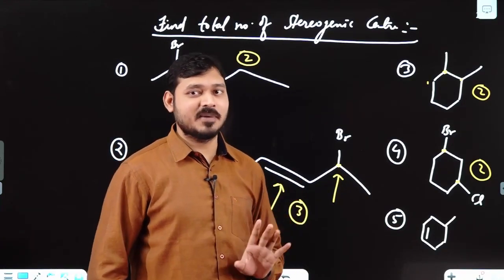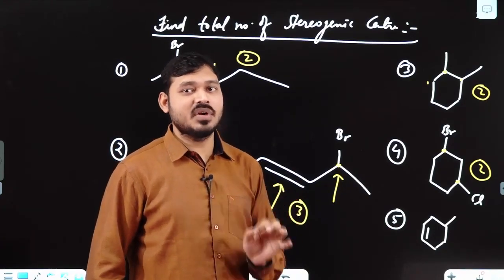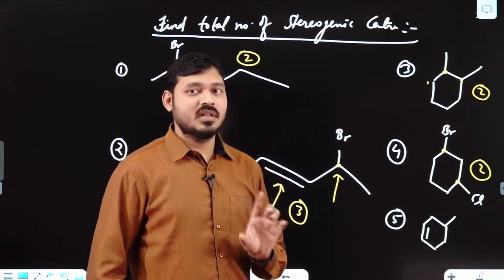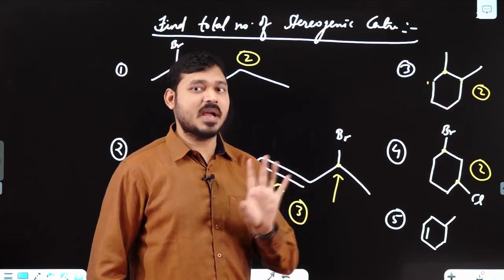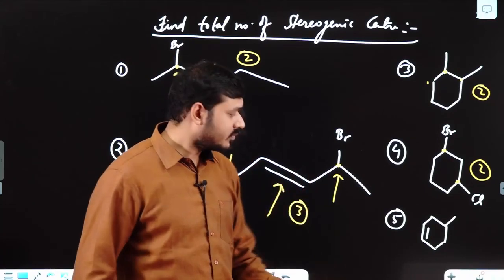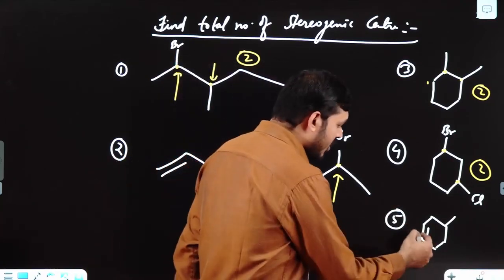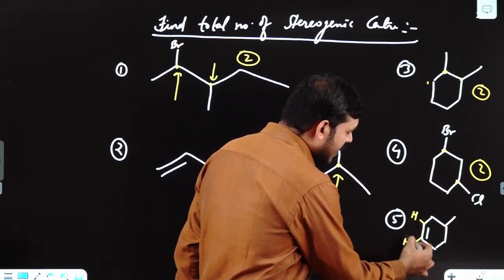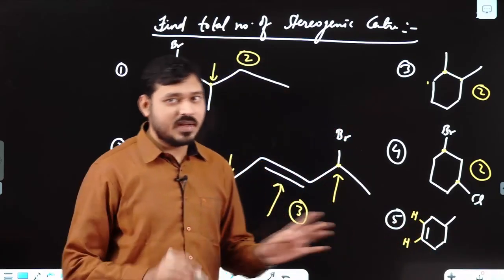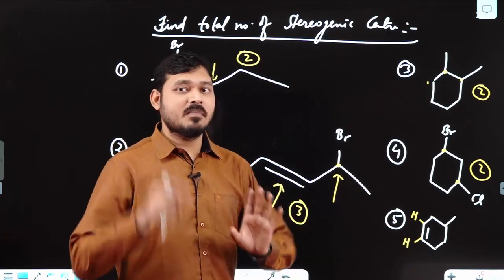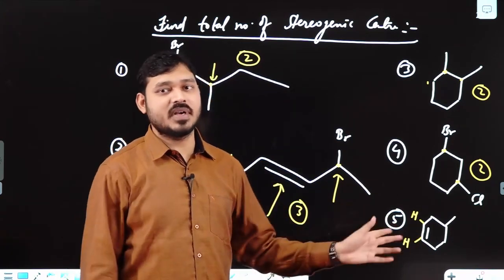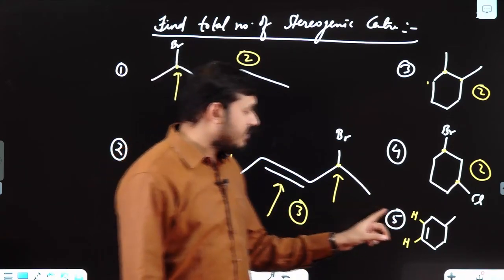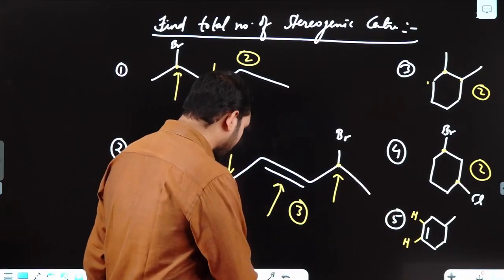Remember this thing: unless you have an 8-membered ring, there is no geometrical isomerism in the ring due to the pi bond. Clear? Now, due to the pi bond, yes, these 2 hydrogens are on the same side, so it is a cis form. Definitely you can say this is a cis form, but you cannot make the trans form of it. Why? Because if you have to make the trans form, let me tell you.